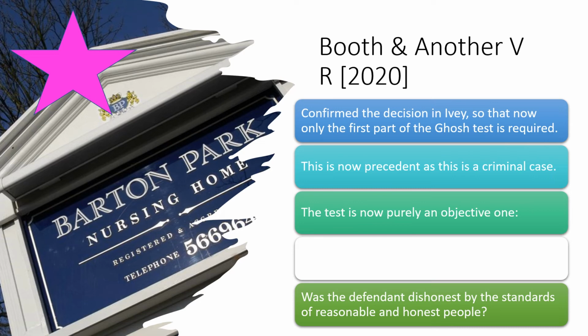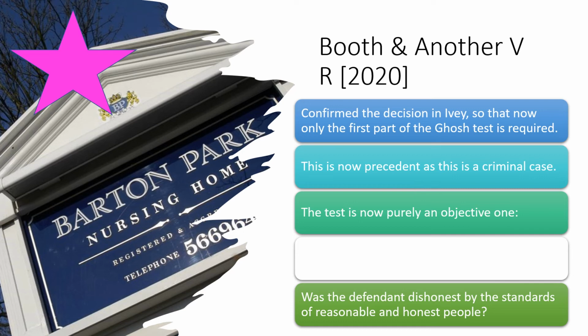So if none of the section 2(1)(a), (b) and (c) apply, then we look at Barton and Booth, from the Court of Appeal. In this case, they said only the first part of the Ghosh test is required. So this is now precedent, a criminal case, and from this point onwards, you'll be sitting your exams 2 years after this, so you should be using the new law.